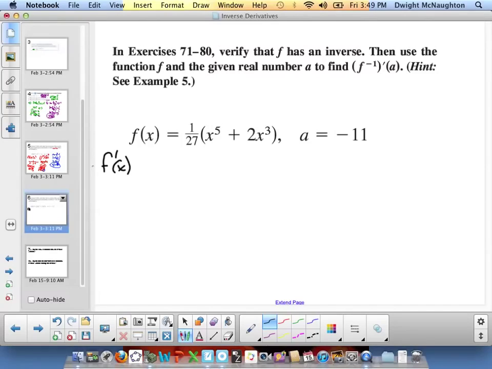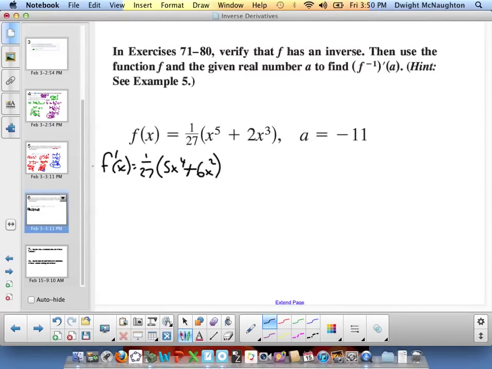First, derivative of the second. 1 over 27 times 5x to the 4th plus 6x squared, plus second derivative of the first. 1 over 27 is a constant, so that derivative will be 0.